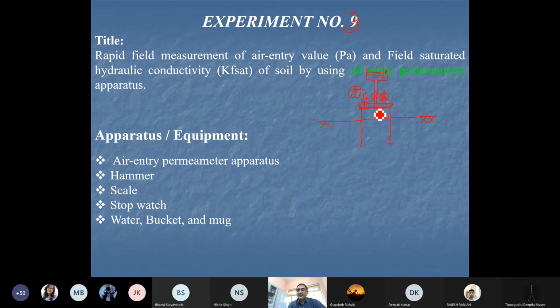Once we are supplying water inside this cylinder, we need to take care about soil disturbance. Soil should not be disturbed on the top. So we put some sand layer here and one iron plate here, so that water which is dropping on this surface is not disturbing the natural soil surface.